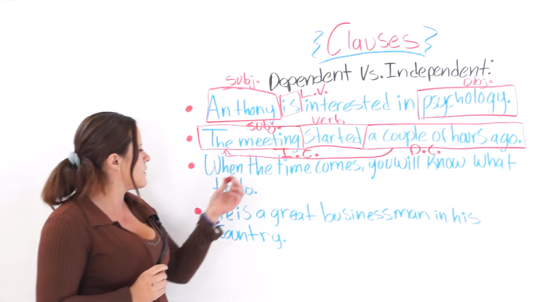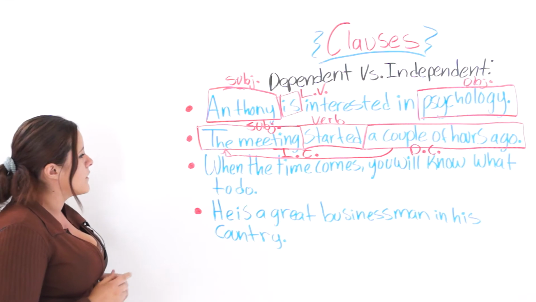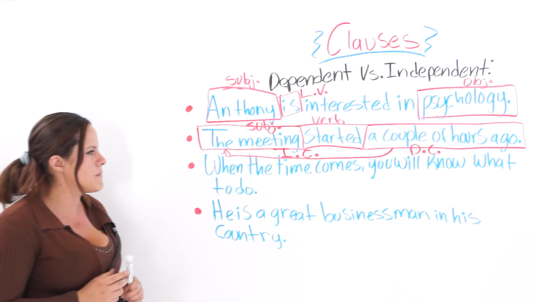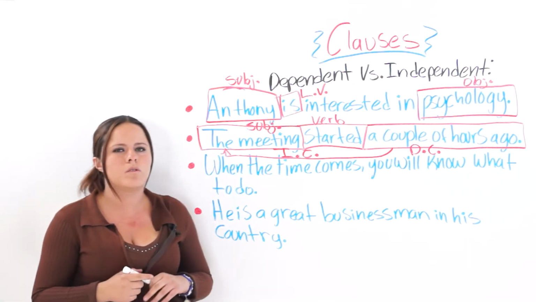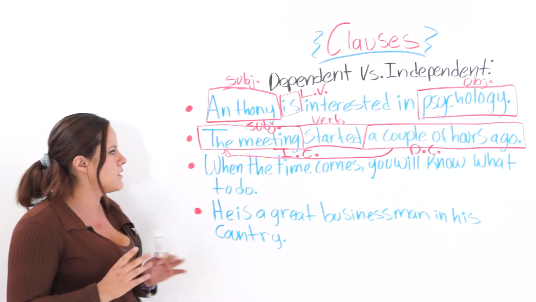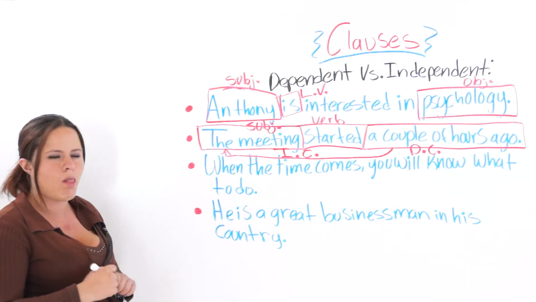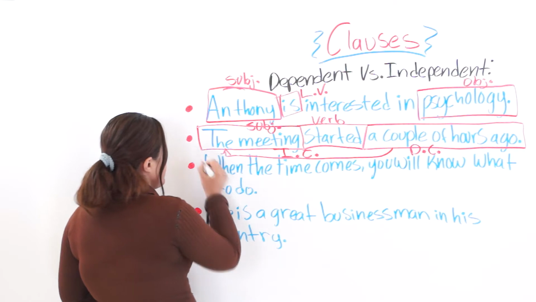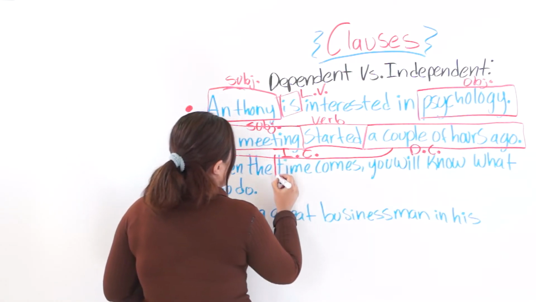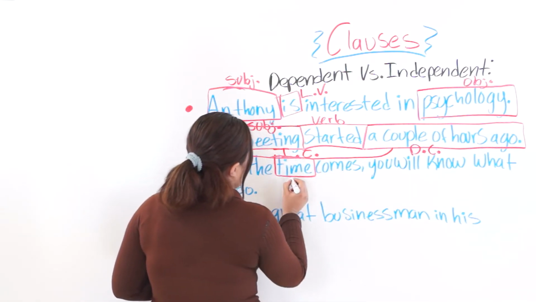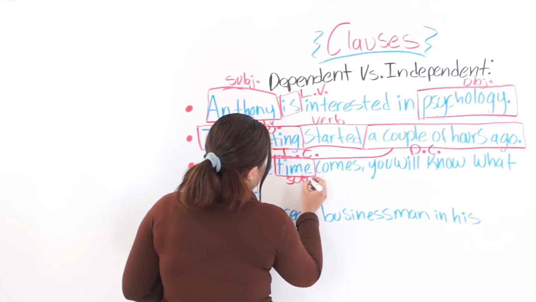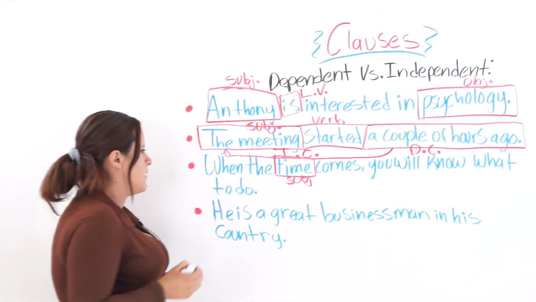Alright? The next one. When the time comes, you will know what to do. When the time comes. So right here, we're using time as the subject of the sentence.